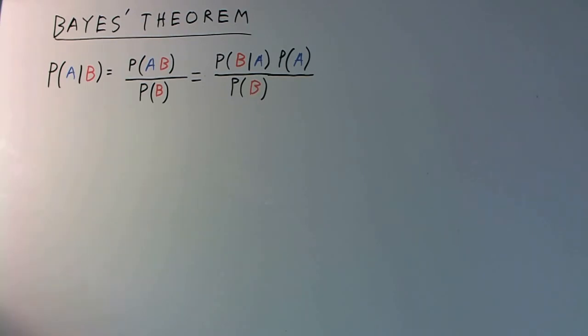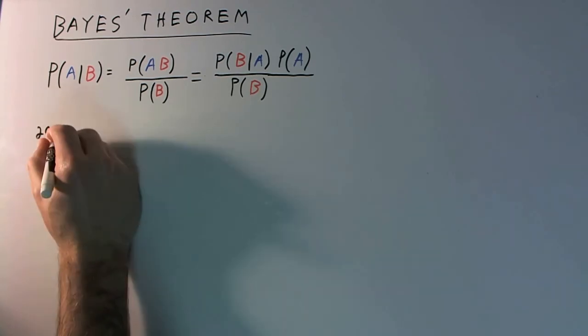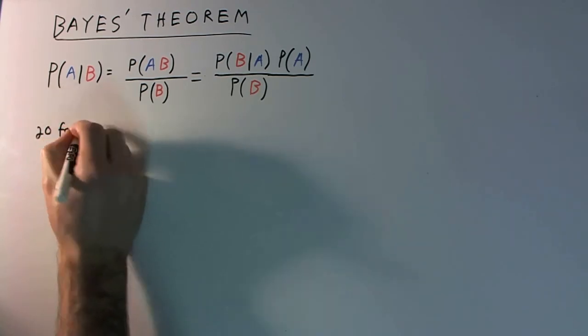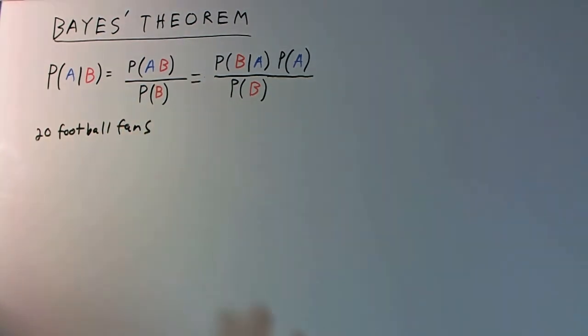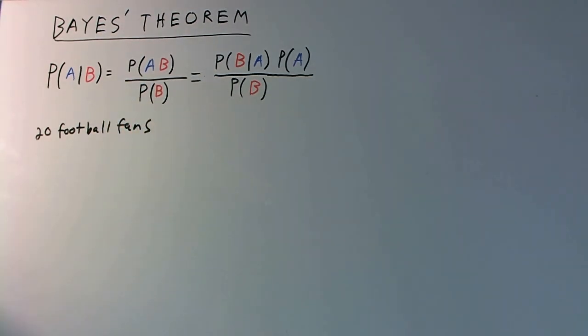All right, so we have a bar, right, of 20 people, 20 football fans. And we have 7 Seahawks fans, right?